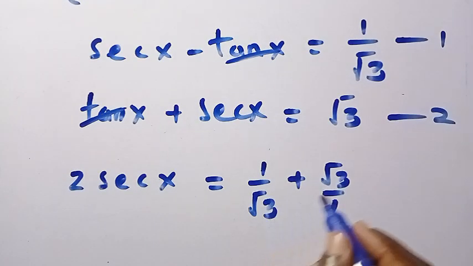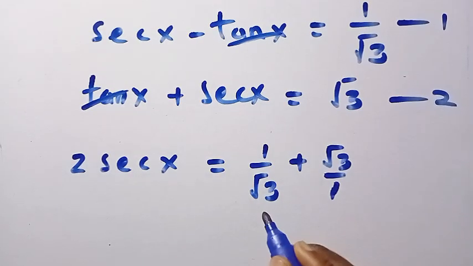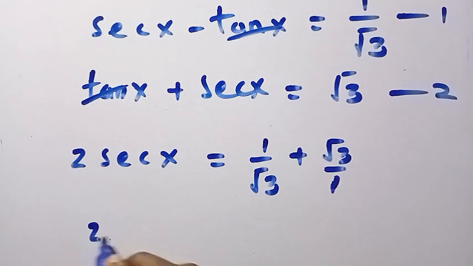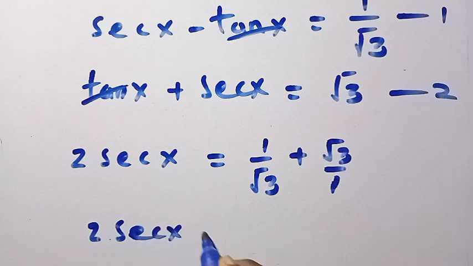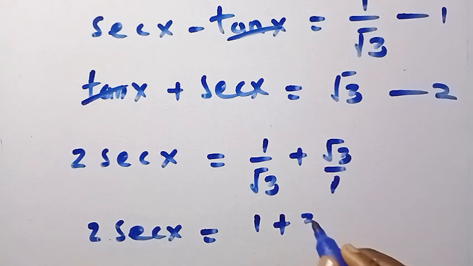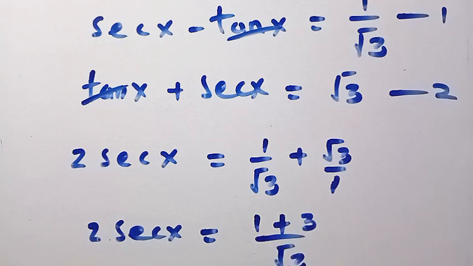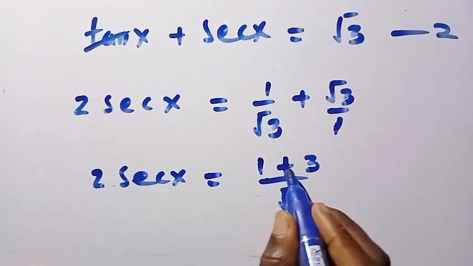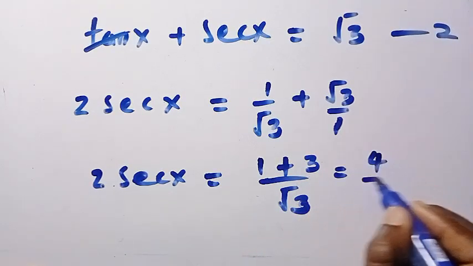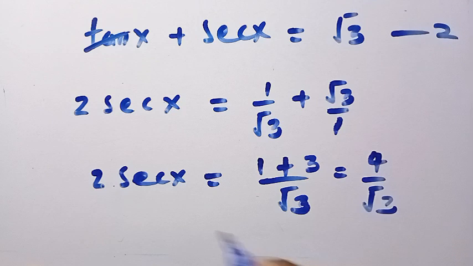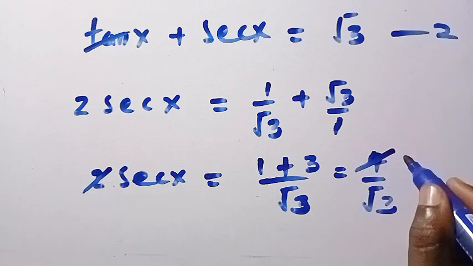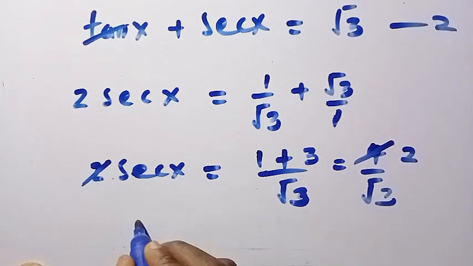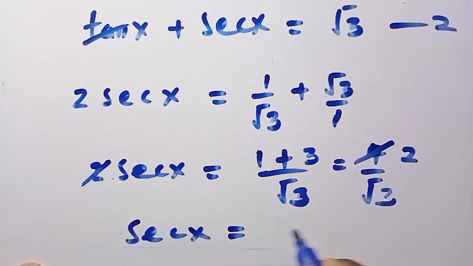When we find the LCM, the least common multiple, we have 2 sec x equals 1 plus root 3 times root 3, which is 3, all divided by root 3. Adding this together gives 4 divided by root 3. But here we have 2, so reducing 4 by 2, we have sec x equals 2 divided by root 3.